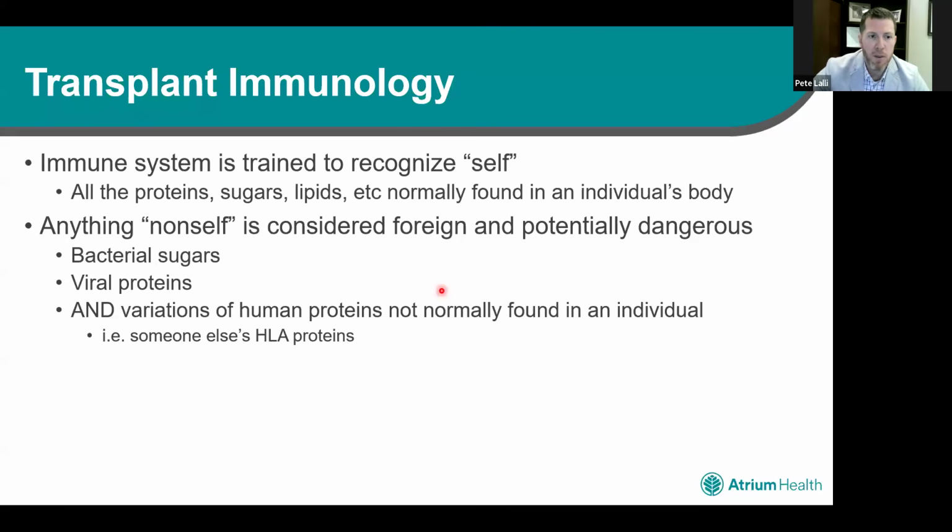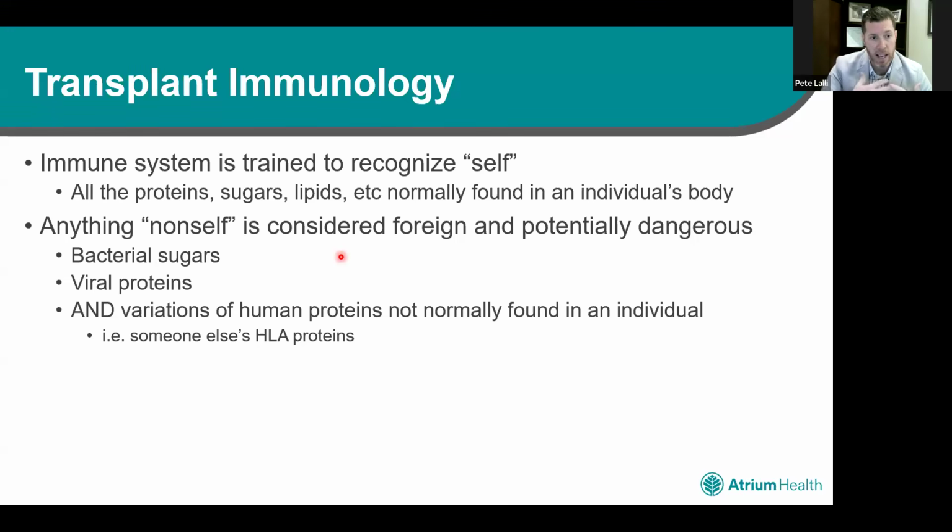So as I said before, the immune system is trained to recognize self. So everything that makes up you, your immune system is able to recognize and say, okay, I know what this is. This is fine. I'm going to leave it alone. But then anything that is non-self, anything that your T cells or your B cells don't recognize, it considers foreign and potentially dangerous.